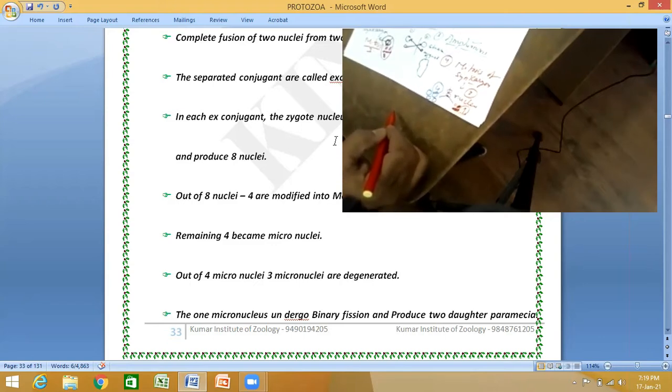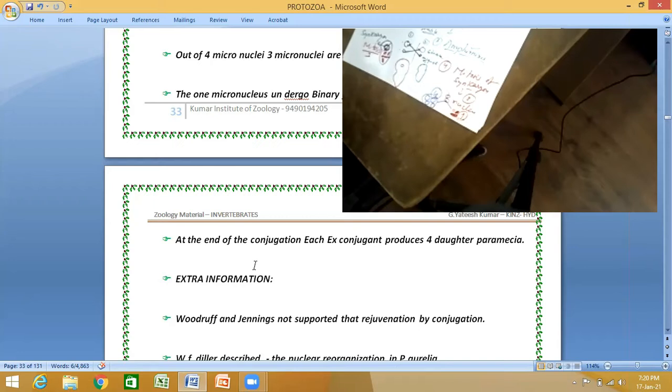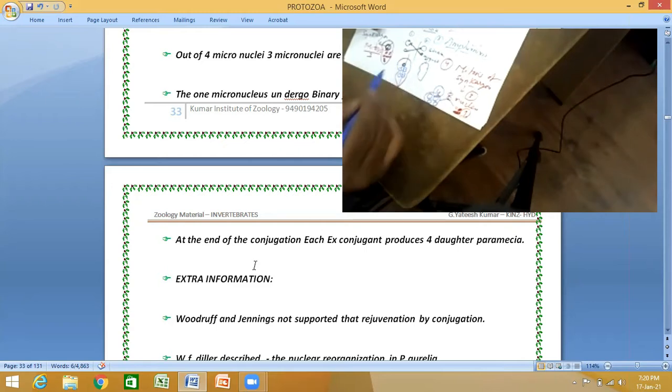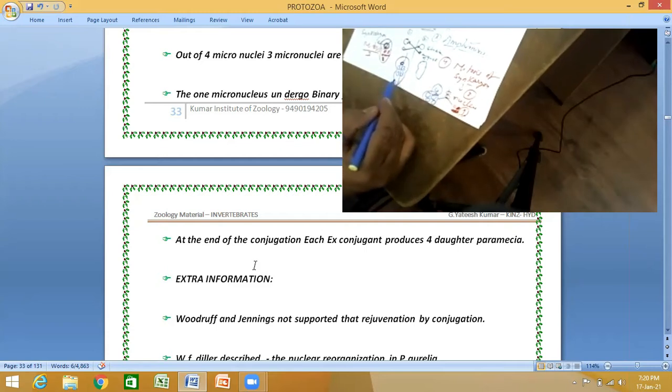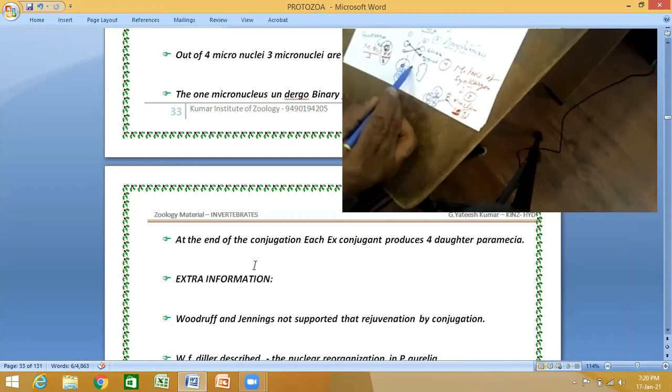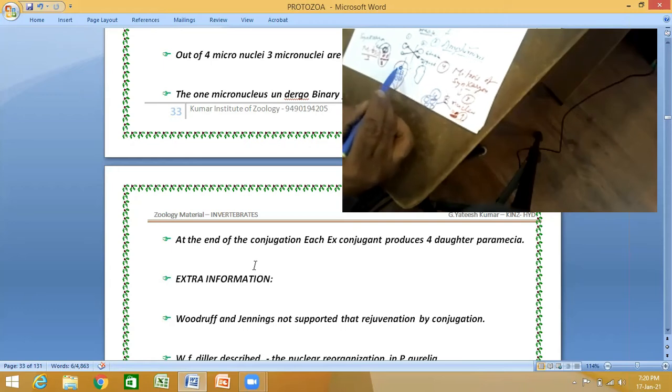The one micronucleus undergoes binary fission and produces two daughter paramecia. A single micronucleus and four macronuclei are present. The first binary fission creates two paramecia, and the micronucleus also undergoes mitosis. The macronucleus cannot undergo any nuclear division; only the micronucleus divides by mitosis, along with the binary fission.